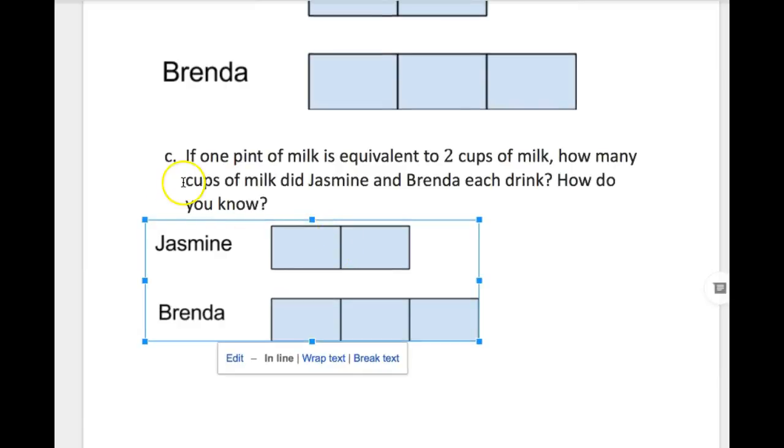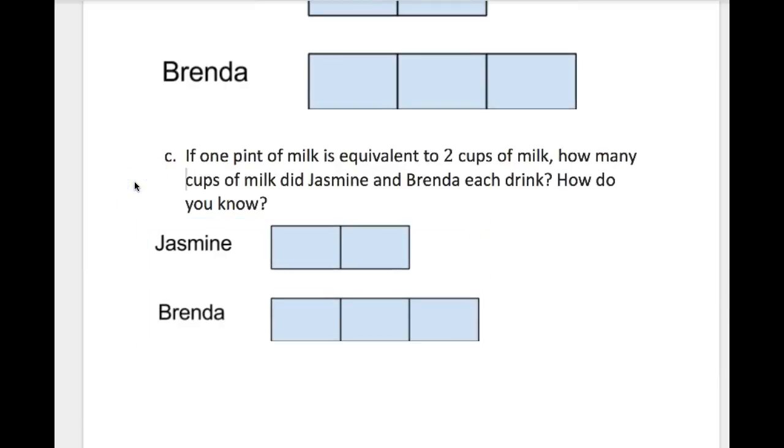And now I'm going to remember that if 1 pint of milk is equivalent to 2 cups of milk, how many cups of milk did Jasmine and Brenda each drink? Well, I'm going to underline how many cups of milk, because that's what we have to find out. And then how do you know?